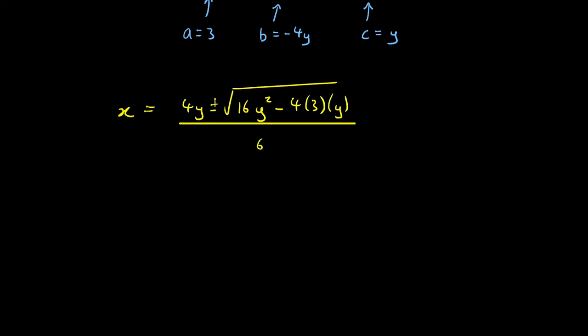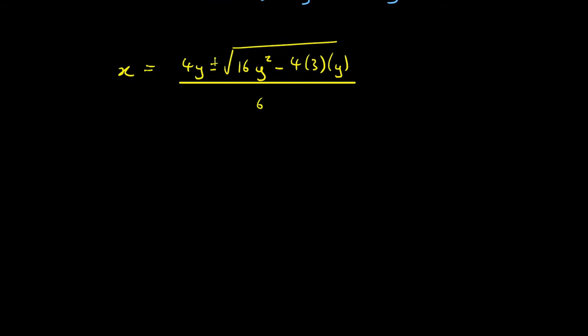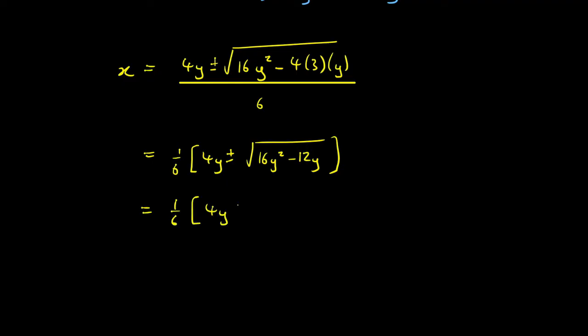Okay, now we just got to tidy this up, basically. If we tidy this up, we are going to get x is equal to a sixth of, big bracket, 4y plus or minus the square root of 16y squared minus 12y. We can factorize out the 4, so we're going to get a sixth, bracket 4y plus or minus the square root of 4. Actually, we can factorize out 4y, can't we? So factorize out 4y, we get 4y minus 3 there, close bracket.